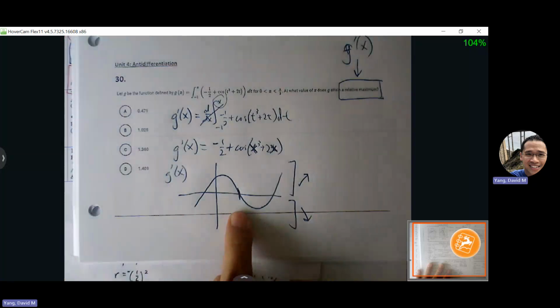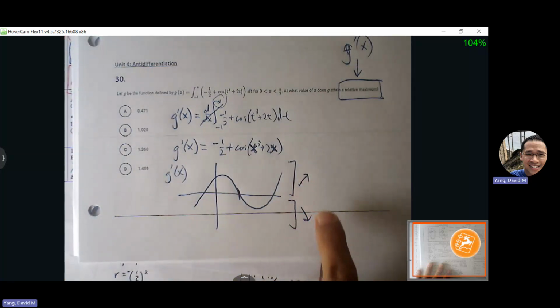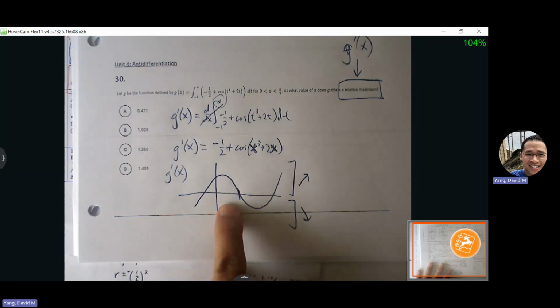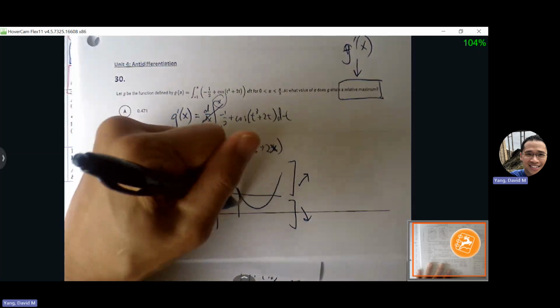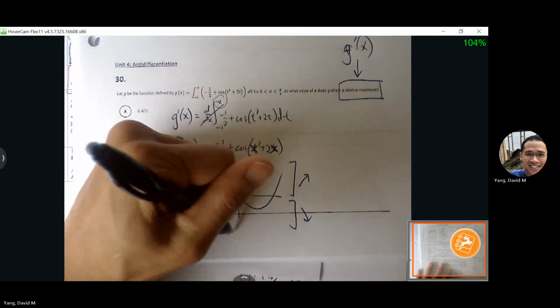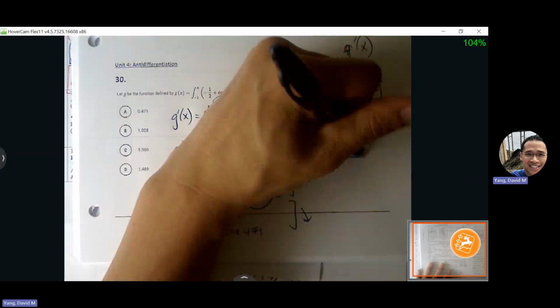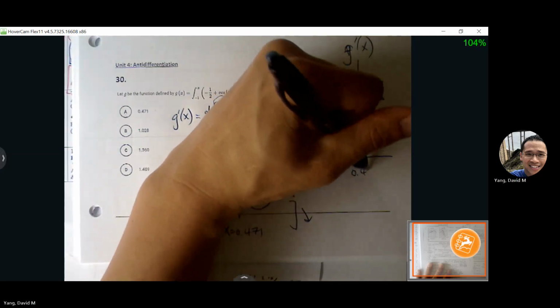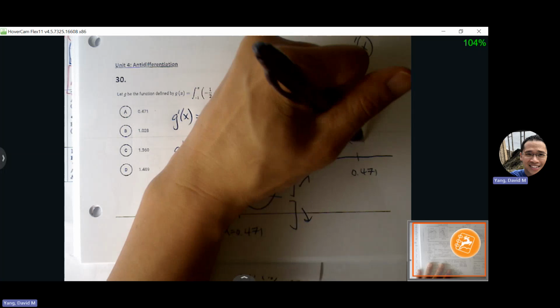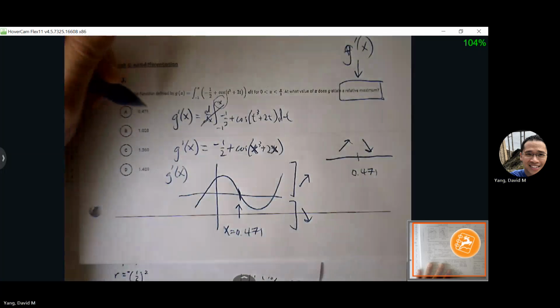So it's going to be this point that I'm looking for, right? Positive slope followed by negative slope will be where my relative max is. So if I find this x-intercept and create my slope sign line, I should be able to convince myself I'm looking at the location of a relative max.